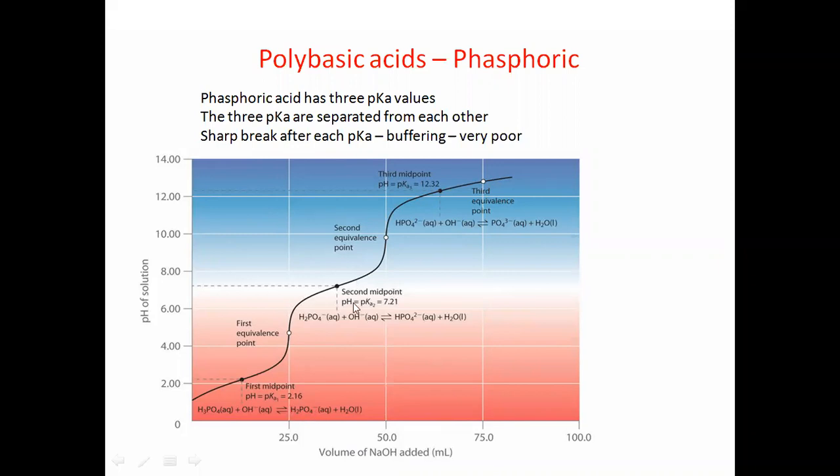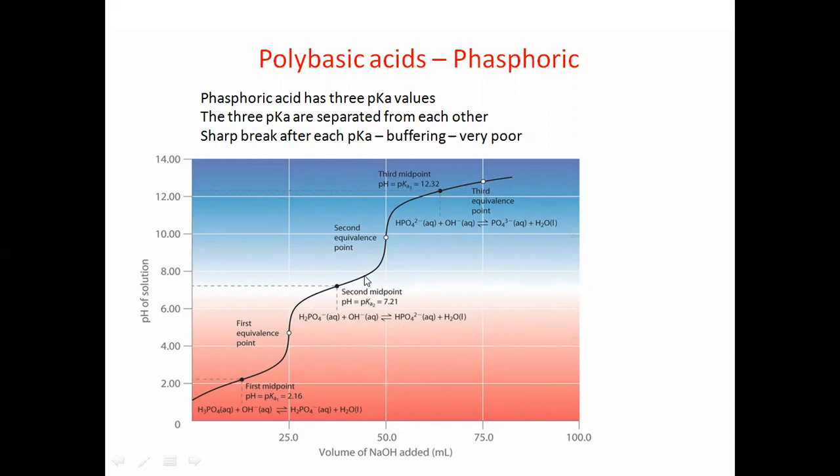And at the second level, at a different pH, at a different pKa value, say 7.21, it loses one more proton, and the reactant side is H2PO4 minus, which becomes HPO4 2 minus after losing one more proton.